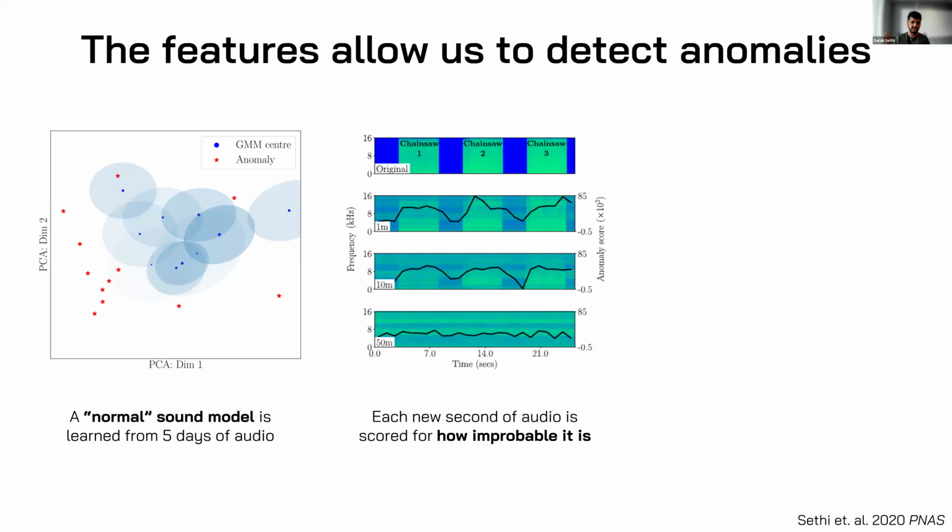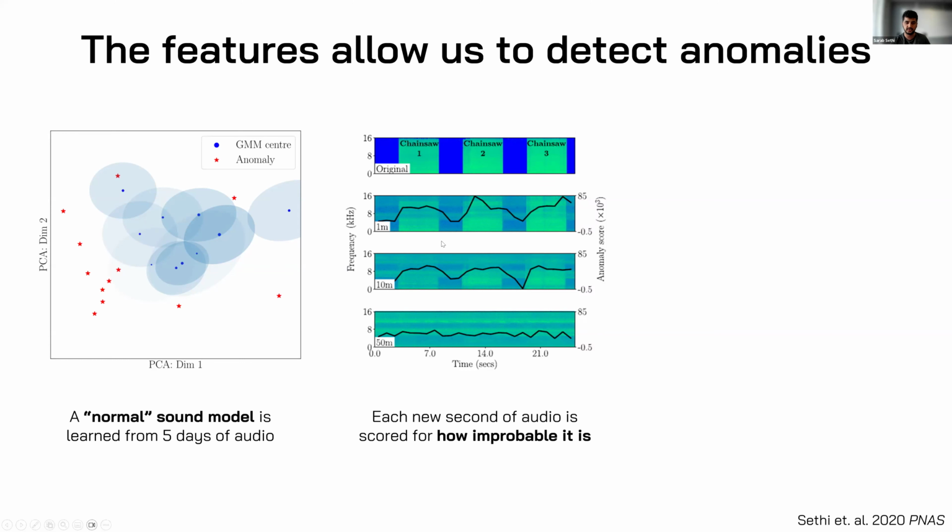We hypothesized that looking at these would reveal anomalous sounds. In this middle panel, we had 3 different chainsaw sounds that we performed playback experiments of at different distances from a recorder. And in black, what you see is the anomaly score for this anomaly detection regime that we devised.